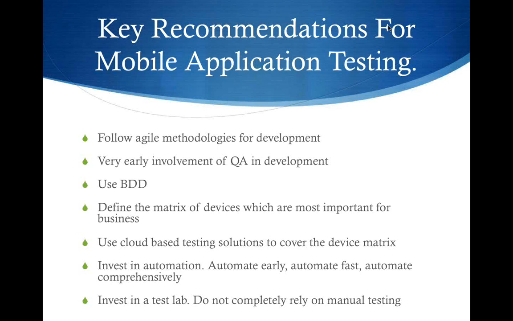Assuming that your app is going to market in 3 to 4 months, you don't have to wait till the 3rd month to involve QA and start testing. It might be too late. It might work for a desktop application which has a year or 1.5 to 2 year long development cycle where QA might be involved late, but it will never work for a mobile application.